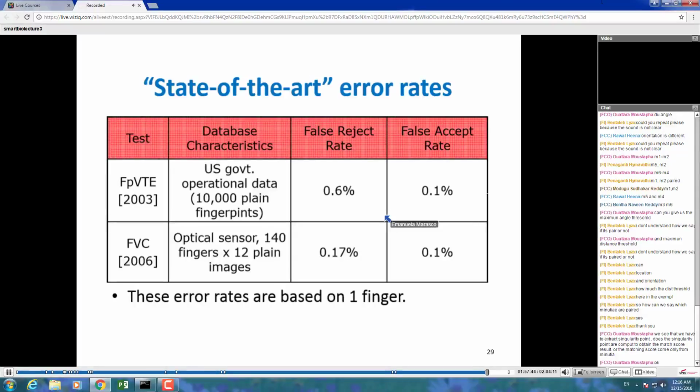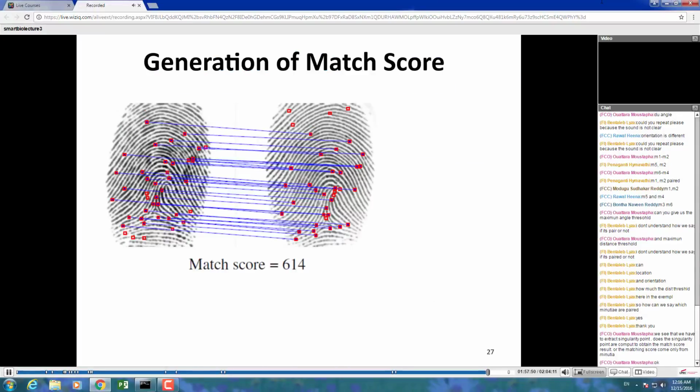So we need also local information, not only the orientation at the global level with the singularity, because singularities are extracted from the orientation map. So only orientation is used with the Poincaré method, for example. When matching, we need more information, more processing, and then we are at level 2 feature extraction.